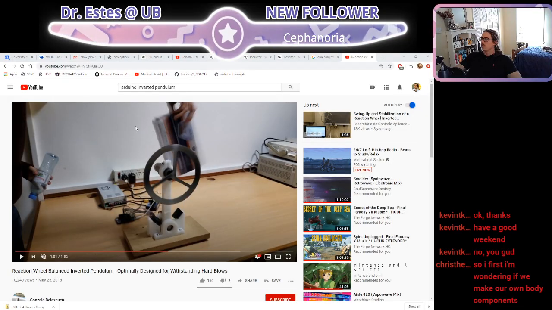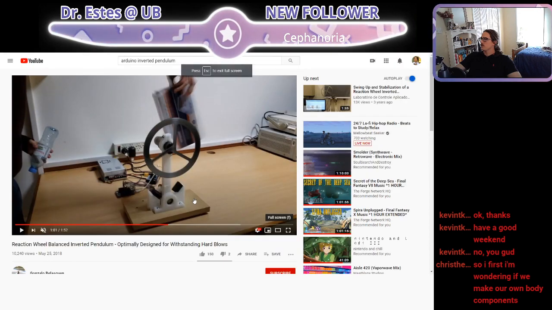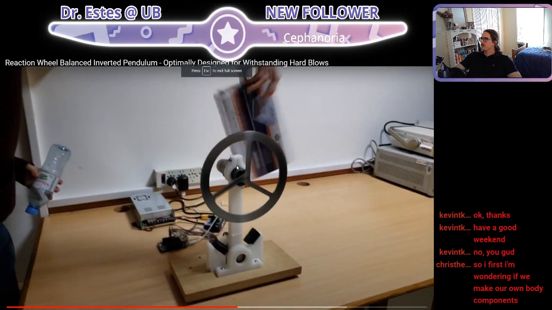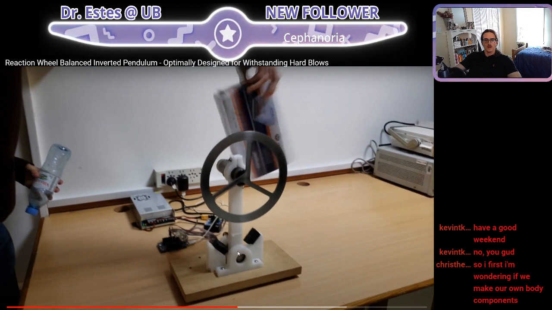So, I'm wondering if we make our own body components. Yeah, I think so. Like they 3D printed this arm and stuff, and then they machined this disc.